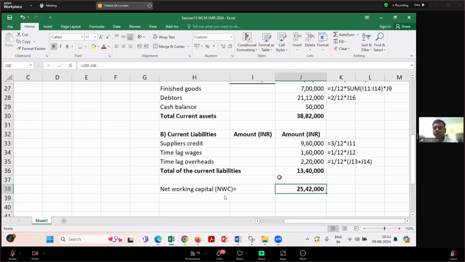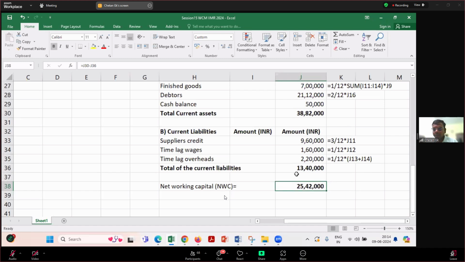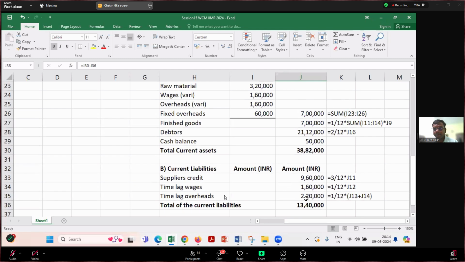So how are you going to finance this? There are two ways of financing we have discussed. How? Tell me. Dinesh? Sir, debt or equity. We have discussed two ways it can be financed. One is short term, the other is long term.